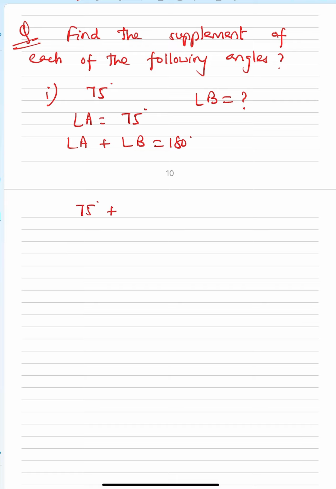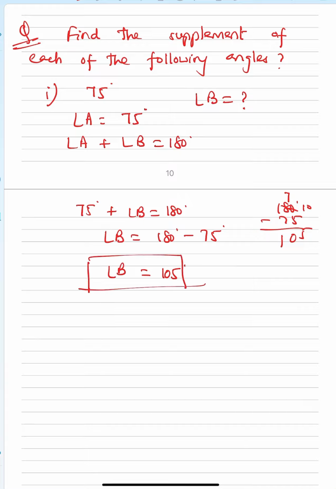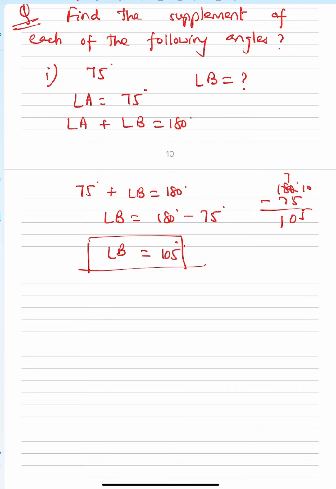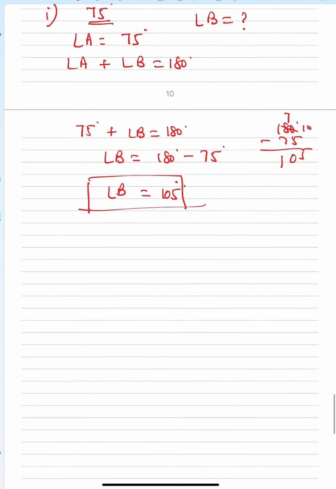Angle A is 75 plus angle B equals 180 degrees. So angle B is equal to 180 minus 75. Let us calculate this. We'll get 105 degrees. Correct? So angle B will be equal to 105 degrees. So the supplement of 75 is 105 degrees.